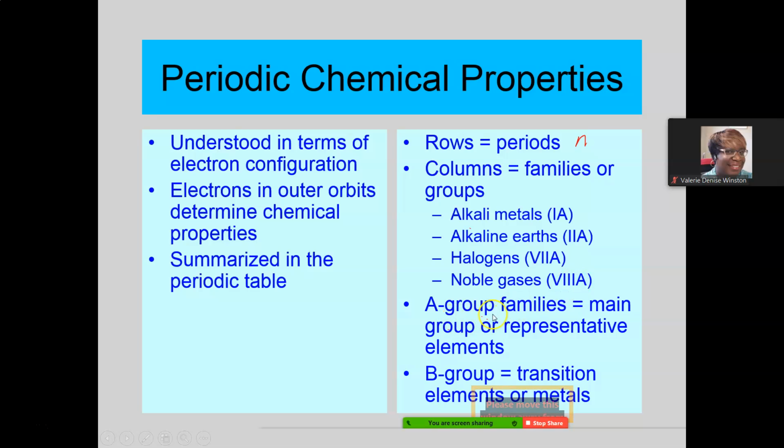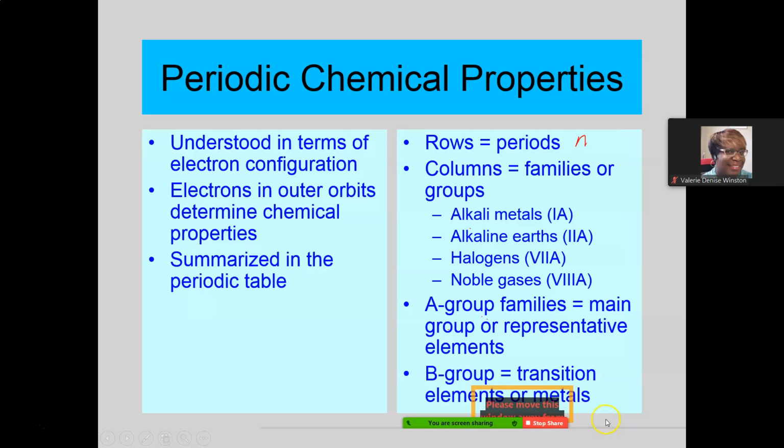Now the A group families are the main groups or representative elements. That doesn't say a lot to me. The B group are what we call the transition elements, or otherwise known as metals. Now these metals don't act very much like these metals at all, except for the fact you have very few exchangeable electrons.